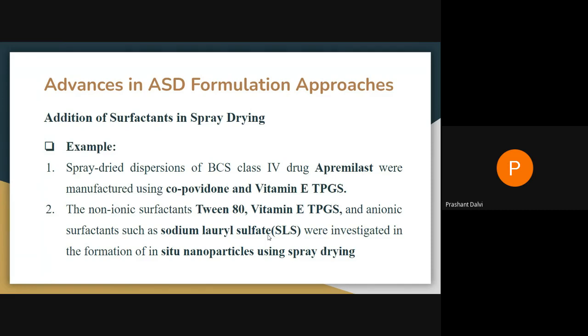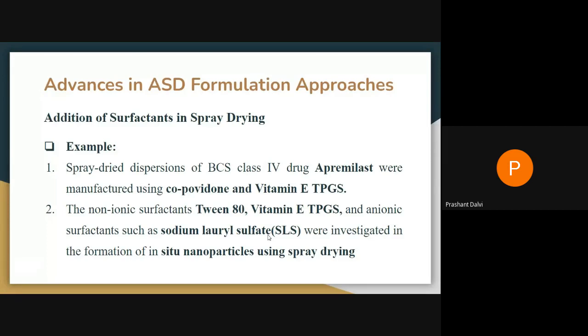So the surfactant definitely helps to increase dissolution, solubility, and bioavailability. As an example here, I have mentioned spray dried dispersion of the BCS class 4 drug apremilast, manufactured using copovidone and vitamin E TPGS. Apremilast is one of the important drugs used in different skin disorders such as psoriasis.